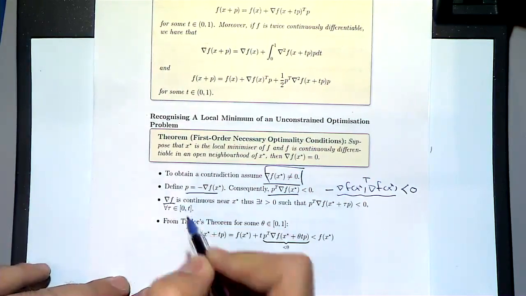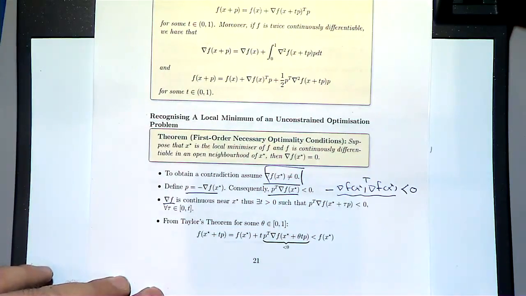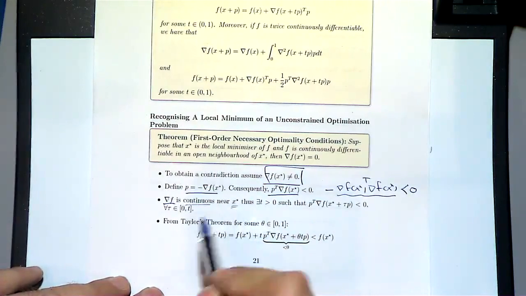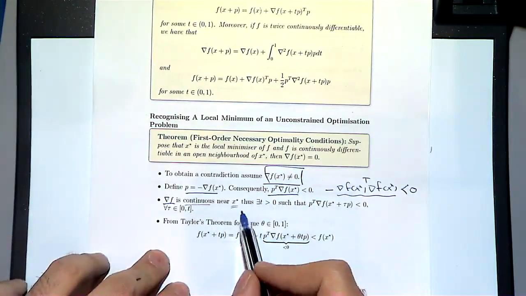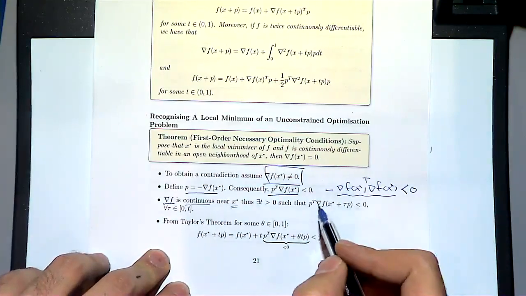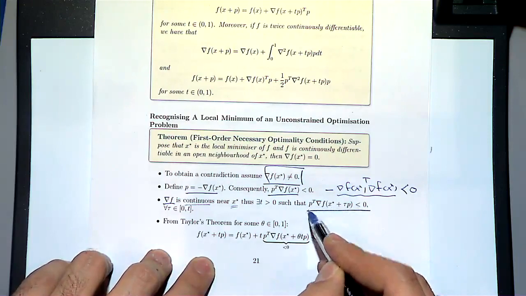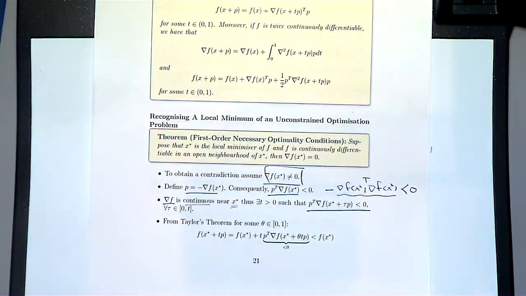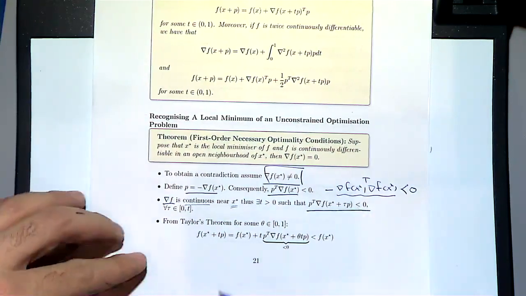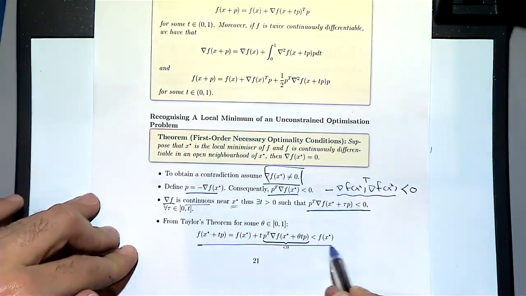Now, we know the gradient is continuous in x star because f is differentiable in the vicinity of x star. Then I can find some little perturbation around point x star. It's really a continuity statement that the sign remains negative. And then we apply the first statement of Taylor's theorem.